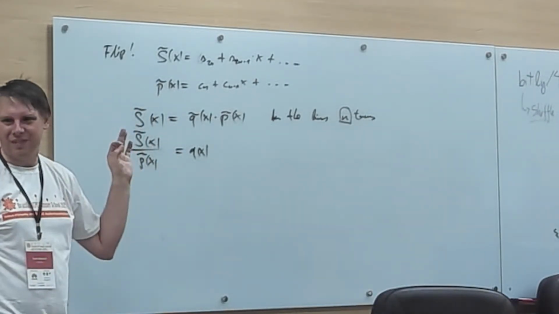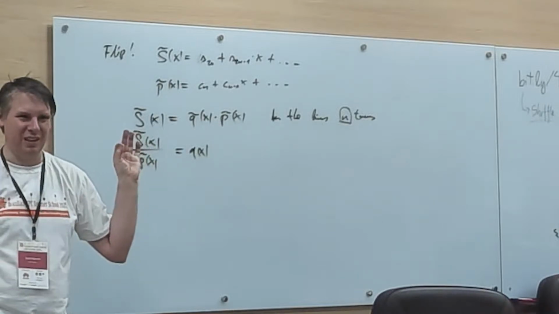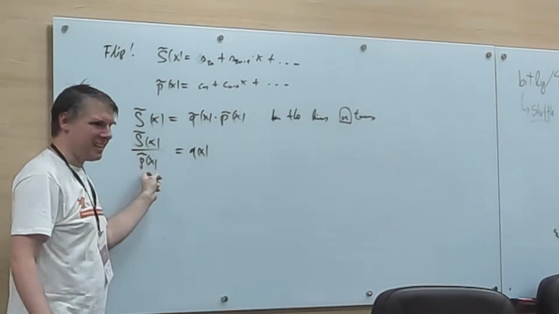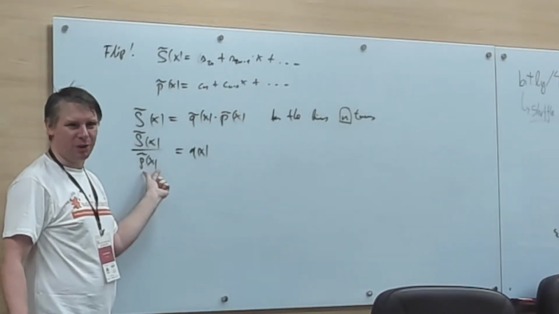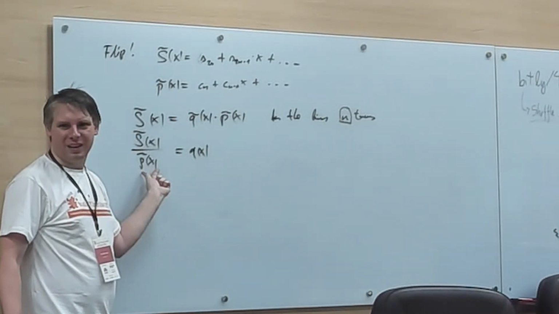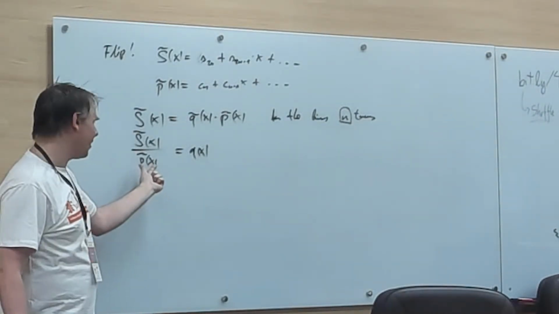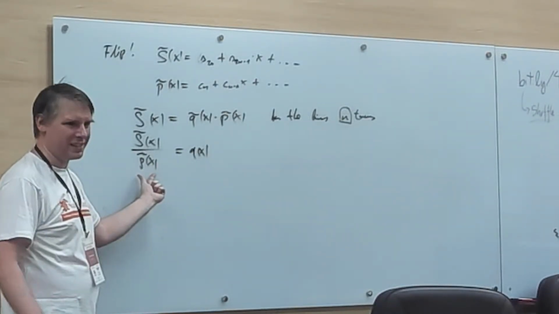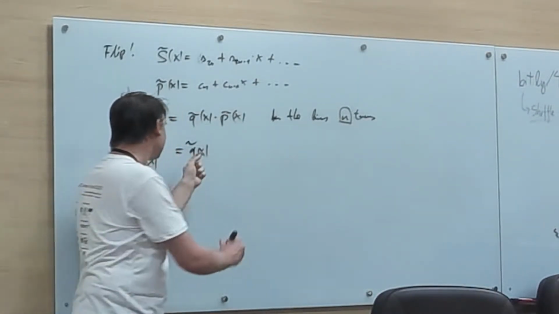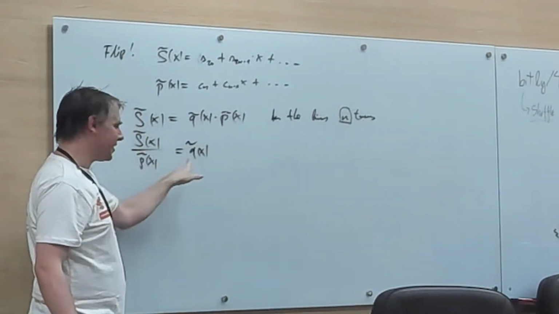This is the other prerequisite besides polynomial multiplication that we need: if you have this polynomial P wave, then there exists, not necessarily a polynomial, usually a power series such that this holds.